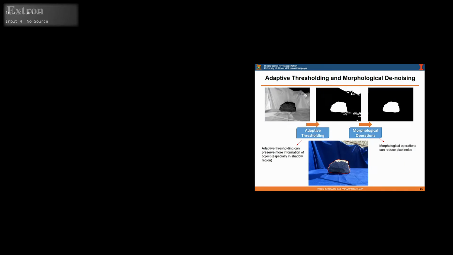Then we apply adaptive thresholding and some morphological operations to get a clean mask. The region is called a mask for an image, a clean mask of the rock region in an image. As can be seen, the robustness of using such a color space and the series of operations handles the shadow effect very well.